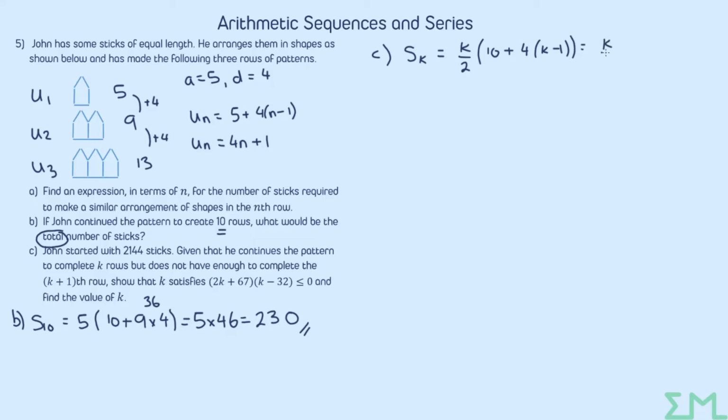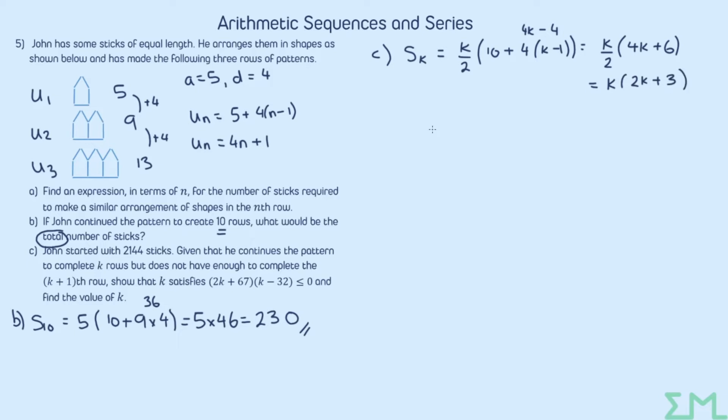Let's tidy that up. K over 2 times, that's going to be 4k minus 4, so that will be 4k plus 6. We can halve through it, so we've got k times, that will be k times 2k plus 3.